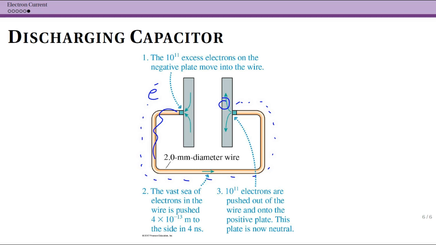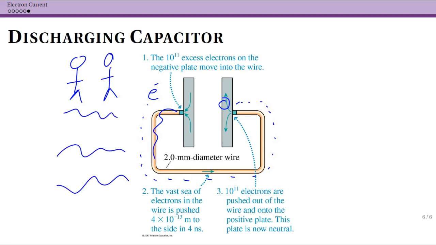Imagine a really crowded mall, and you have some people standing here, and a bunch of people in front of them. As these people move forward, the people at the very front are probably moving forwards too. So the same thing is happening here: as these first electrons move just into this little spot here, that corresponds to some electrons in the sea of electrons in this wire moving into the capacitor there.